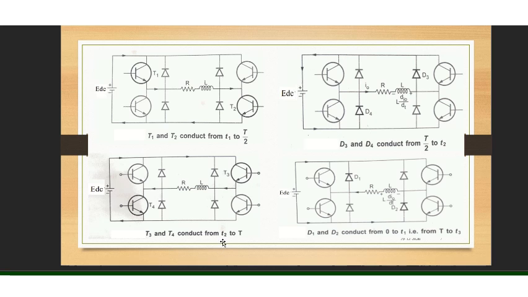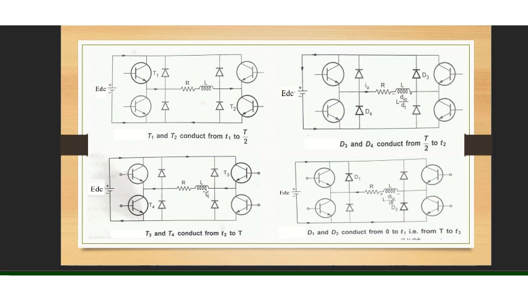Now at the next time instant, say at small t2, you are turning on T3 and T4. When T3 and T4 are turned on, again the current direction will be like this: from EDC via T3, observe across the load, the current path will be in this direction, T4, and coming back to the supply.